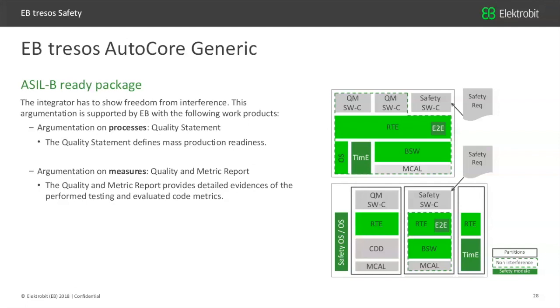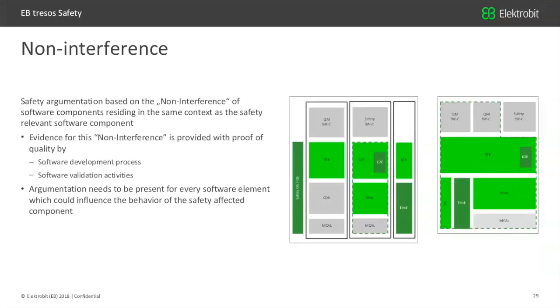That is the quality statement actually, which states what quality level is reached with the product, and in addition to that, the measures and the results are documented within the quality and metrics report, which is evidence for the development process.